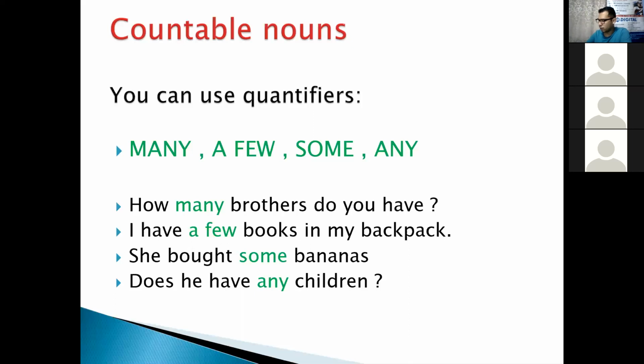So we use it with questions and with negative forms. Does he have any children? Okay. So we use some and any. They basically mean the same, but we use them differently.